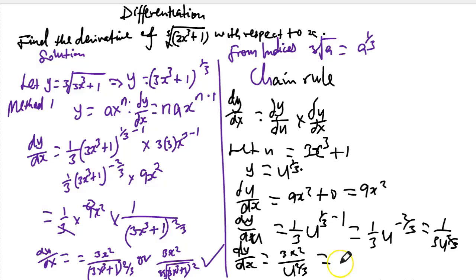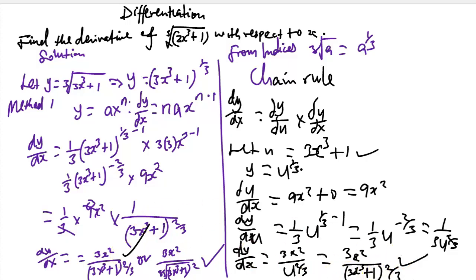And this is equivalent to 3x squared all over, our u is, we said let u be 3x cubed plus 1, so this is (3x cubed plus 1) raised to 2 over 3, which is equivalent to what we have here.